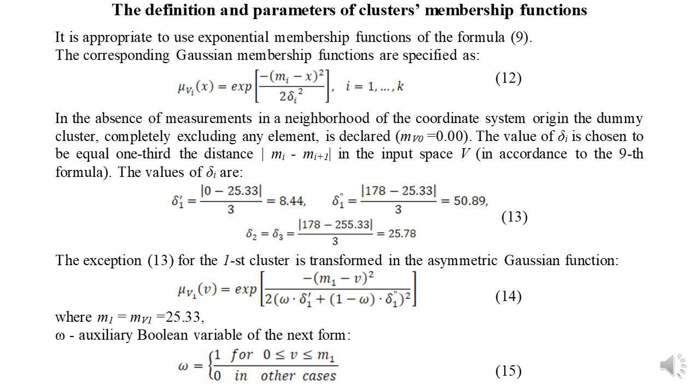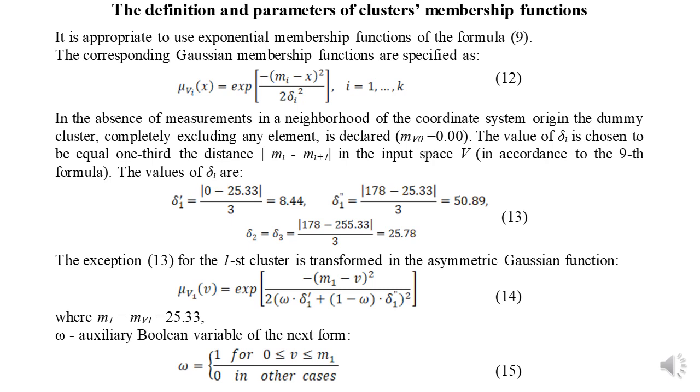It's appropriate to use exponential membership functions of formula 9, and the corresponding Gaussian membership functions are specified as equations 12. In the absence of measurements in a neighborhood of the coordinate system origin, the diamond cluster, completely excluding any element, is declared as null.